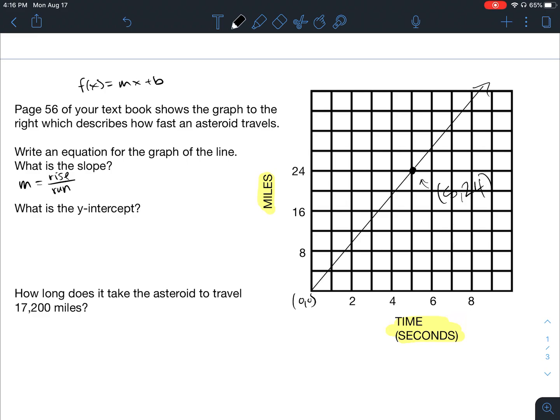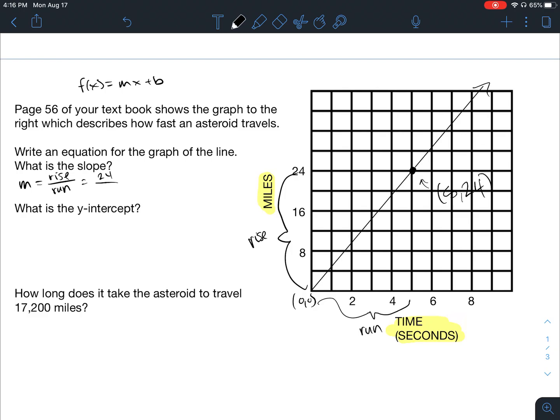So what is the rise right here? Well, it's pretty easy. It passes through the point 5, 24, the y value 24. So we know that the rise is 24. And then this is going to be our run. This is our run value.